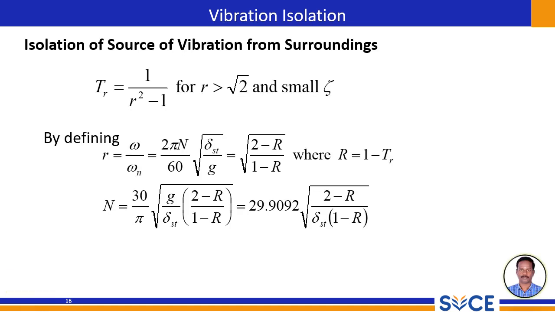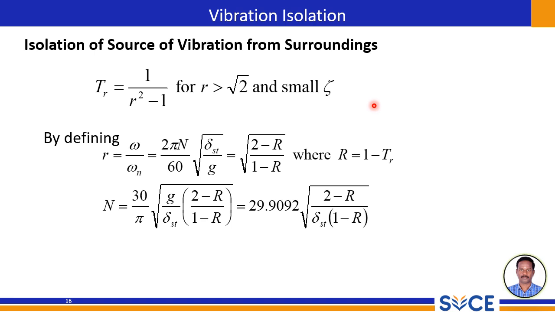Now, let's look at the specific equations used to determine the necessary parameters for isolating a vibrating source from its surroundings. Here we are presenting a set of formulas to use for that purpose.